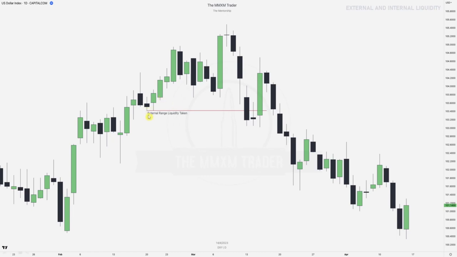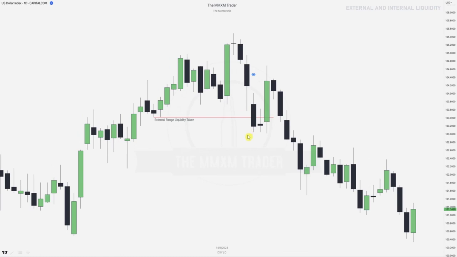Over here, external range liquidity again. What do we do after we hit external range liquidity? We want to go to internal range. So where is internal range liquidity? We've got this big fair value gap up here.